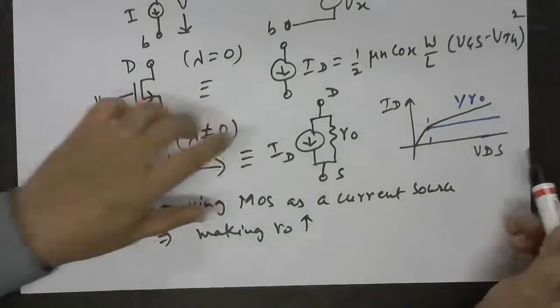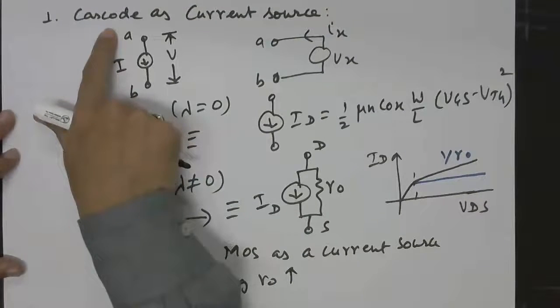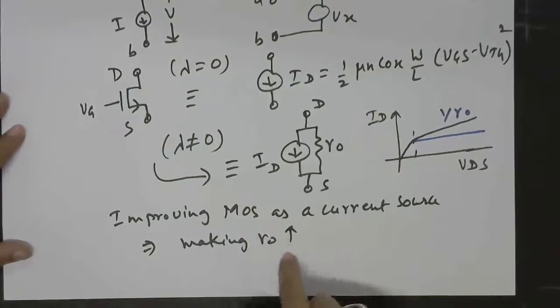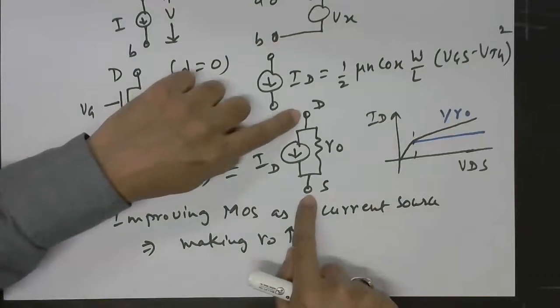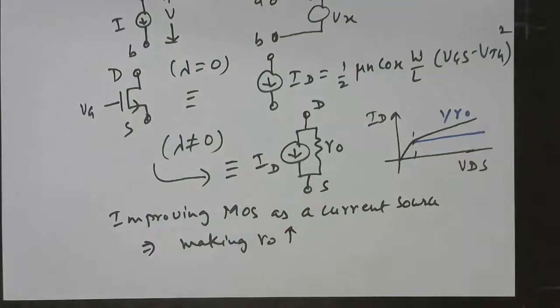The cascode configuration that we are now going to study implements this requirement: it tries to make the impedance between the current source nodes larger and larger.